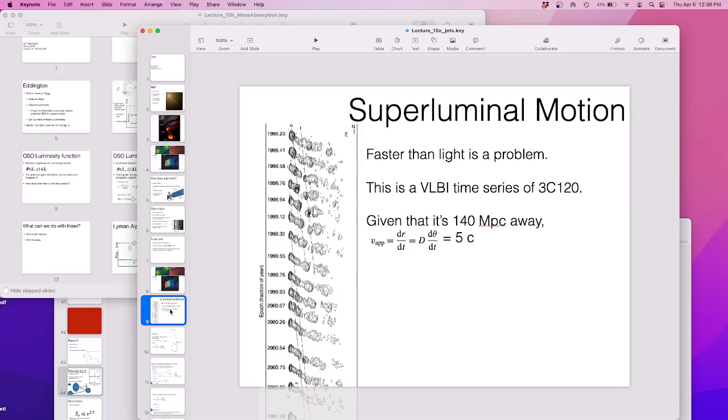This line gives me d theta/dt. How do I get a velocity out of that?